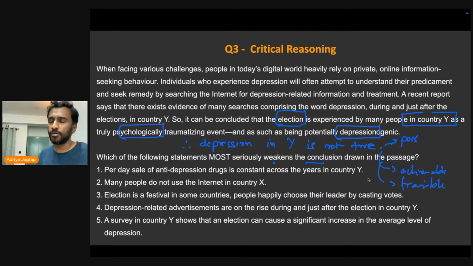Or people in country Y do not experience depression. So that will say that it's not feasible for them to get depressed. So therefore, our conclusion is weak. So we want something that will weaken the author's conclusion. And now that we have figured this out, we'll go through each option, right?